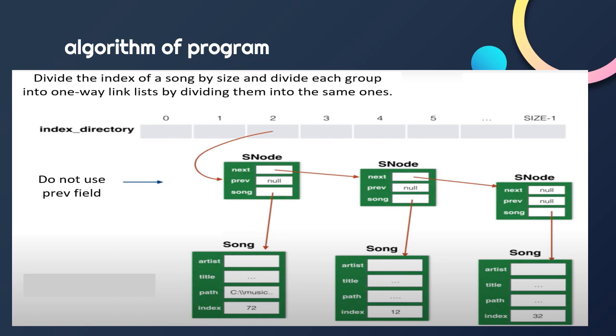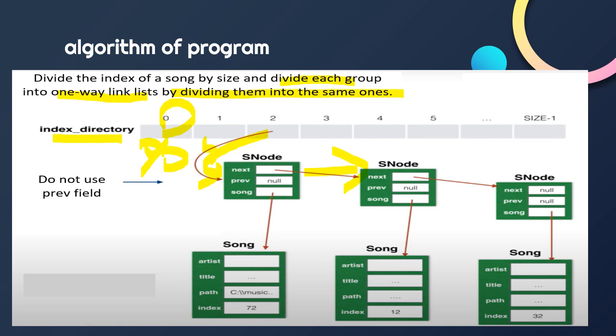Divide the index of the songs by size and divide each group into a one-way linked list of the same size. This one is a link, and a one-way linked index directory. This is the index directory, with the scale size.